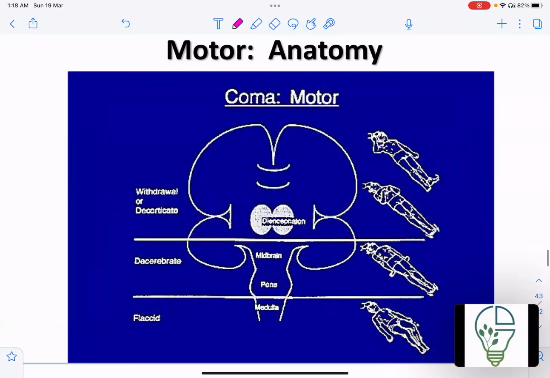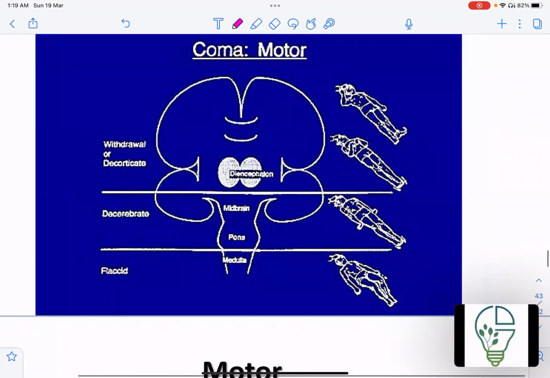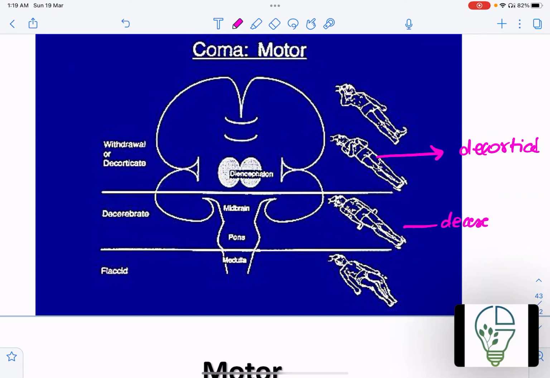Now, in terms of motor anatomy, it directly correlates. Okay, so motor anatomy, where the injury happens also relates to how much the patient is responsive. Now, this is decorticate. This is decerebrate. Right.